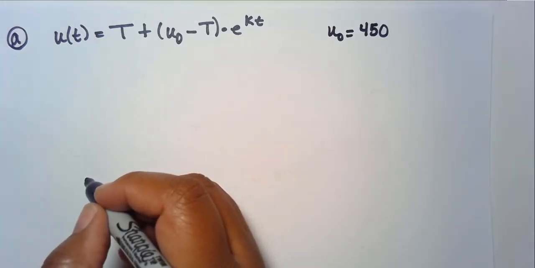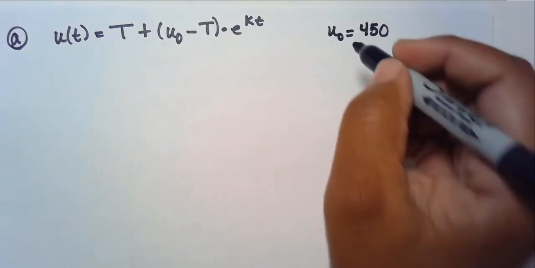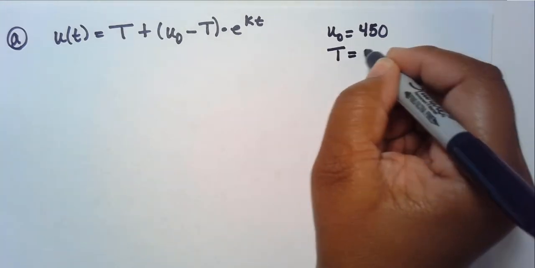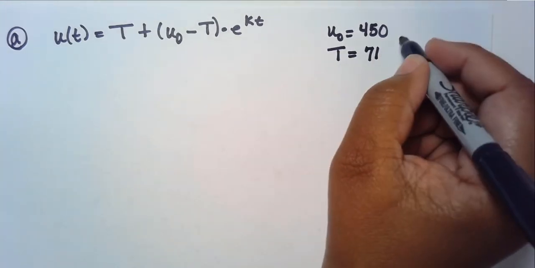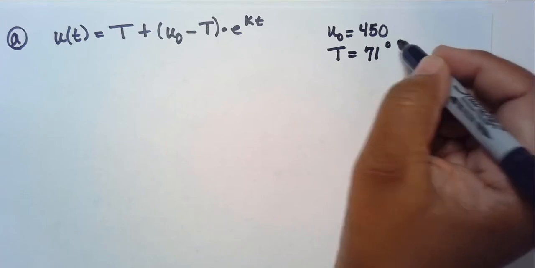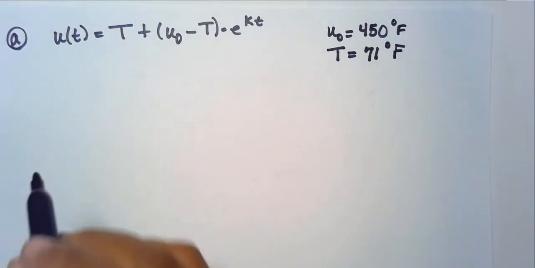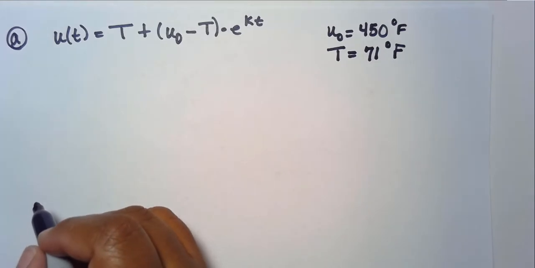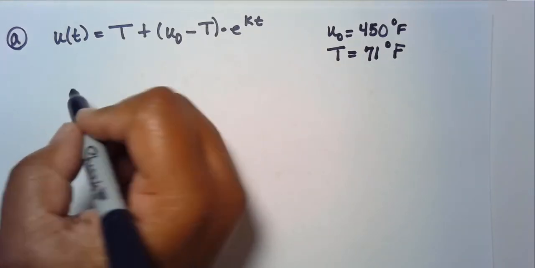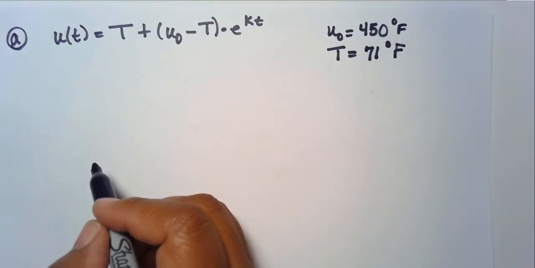Into a room that is a constant 71 degrees Fahrenheit. So that's the temperature of our surrounding environment, so that would be our capital T. And I think that's all we need at this moment to set up the initial formula.